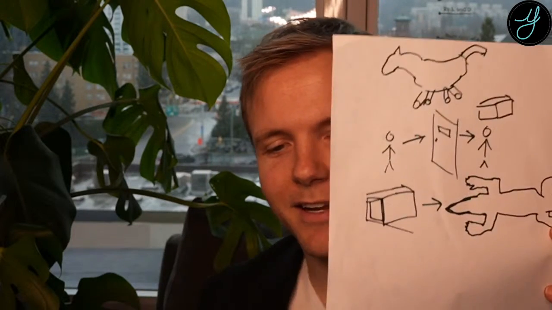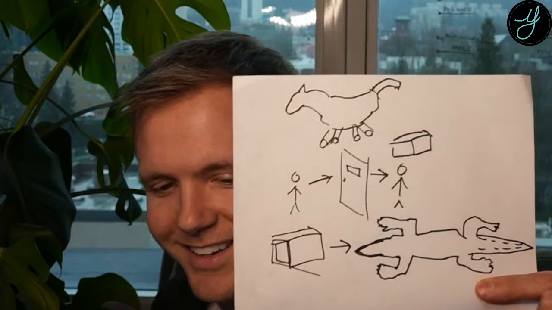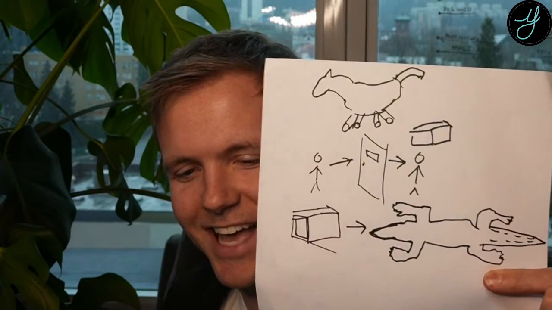Okay, I'm going to try to draw an alligator, and this is probably not going to go that well, but that's fine. Okay, so I've run it through my machine, and now what comes out is this alligator.